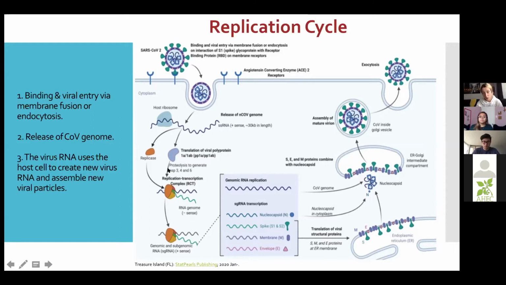It goes through a couple of steps to produce the necessary proteins to assemble the mature virion. You can see here the S, E, and M proteins that I mentioned on the previous slide. The positive RNA is translated and produces those proteins, which are then assembled into the mature virion. From there, it exits our cells by exocytosis, and bam, it's ready to go and infect other cells in our lungs.